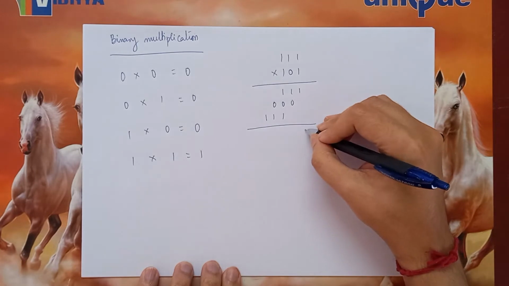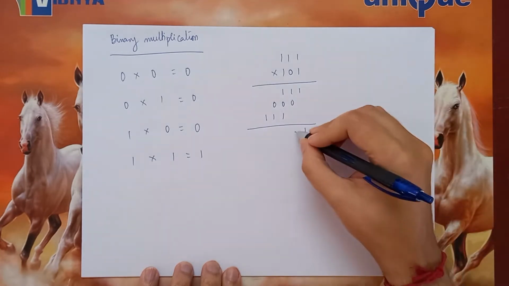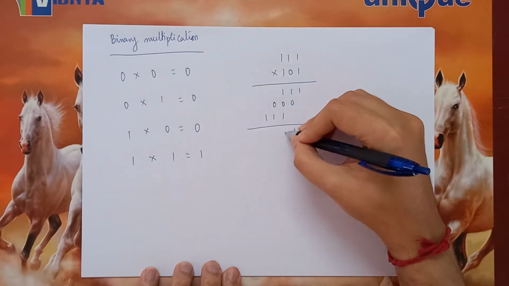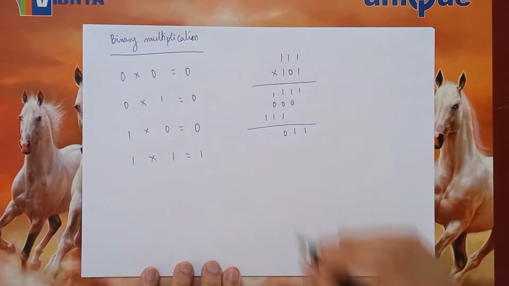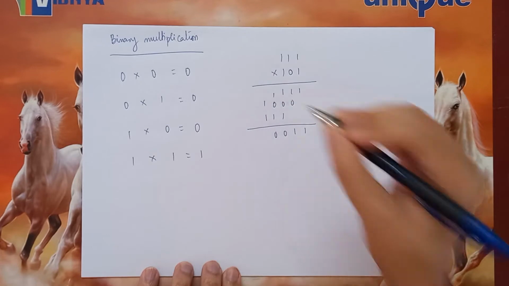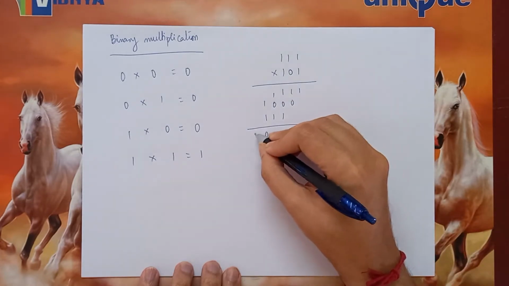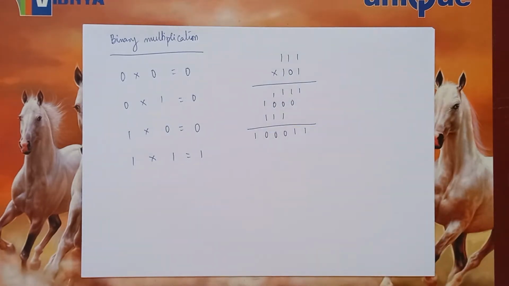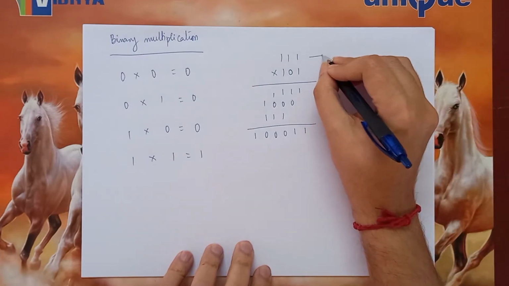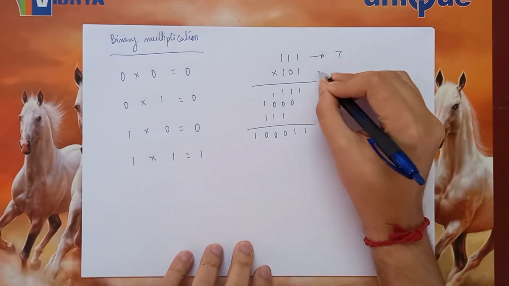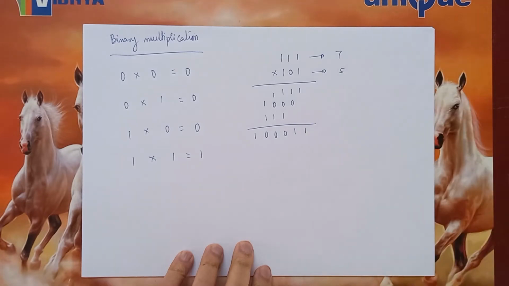So this will be 1, this will be 1, this is 1 plus 1, which means it's a 0 with a carry of 1. Again 1 plus 1 means 0 with a carry of 1. Here it is 0 with a carry of 1. So we can quickly cross check this. 111 is nothing but 7 and 101 is nothing but 5.